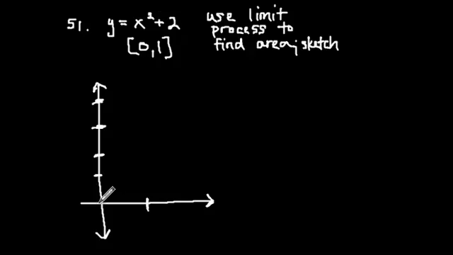So instead of making the vertex appear at 0, 0, it's going to be up at the 2 mark. And then it's going to go over 1, up 1. And then normally we would know that it would go over 2, up 4, so it would be somewhere way up here. So here is kind of that outline. But all we're interested in is the area underneath our curve, and it stops at the 0 to 1 interval. So this right here is what we're trying to find.